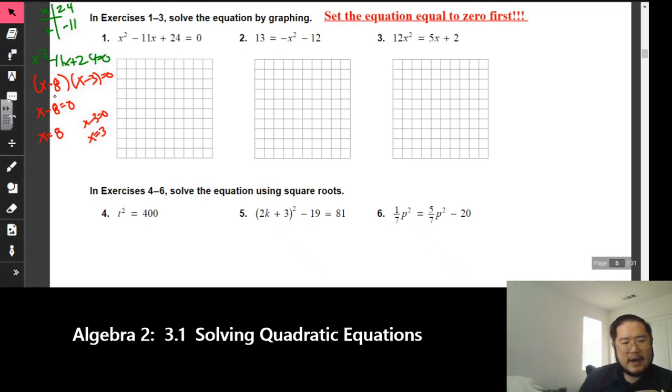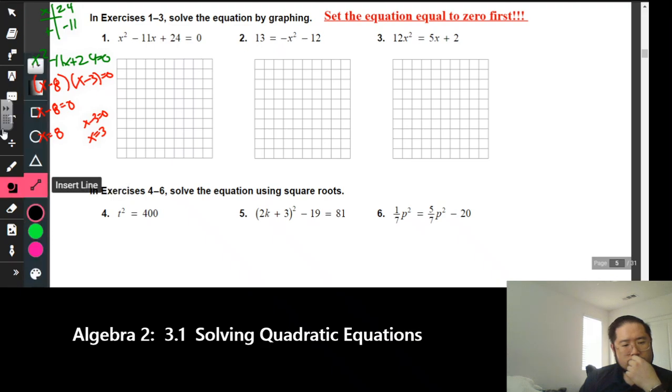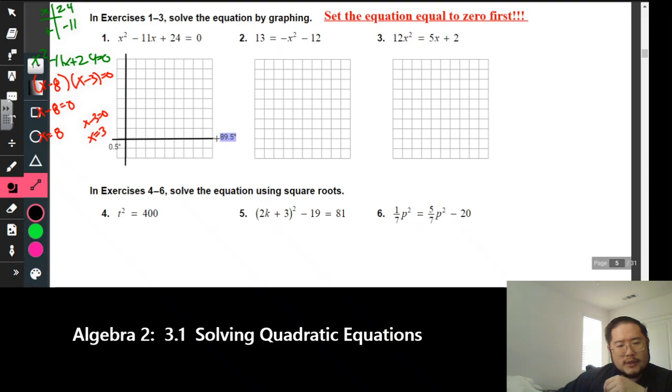So let's go ahead and graph that out. Go ahead and make my axis right here. My a term is positive, so I know it's going upwards, so I can make the x-axis a little bit lower.